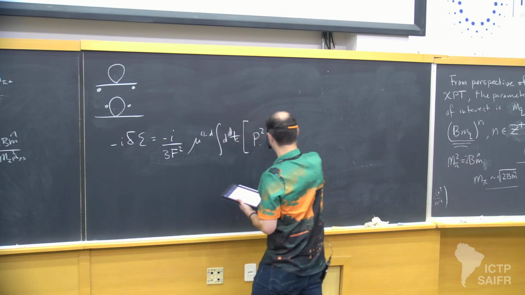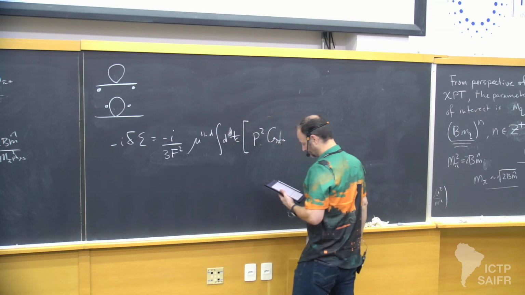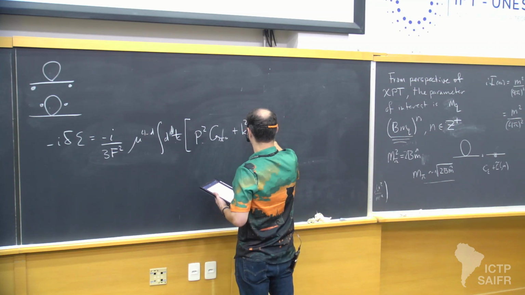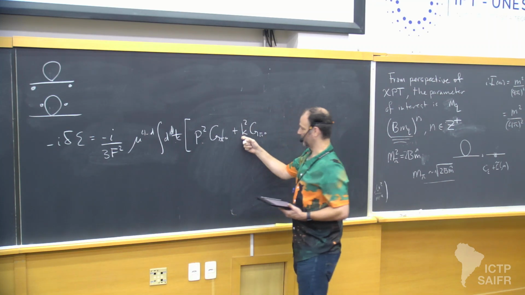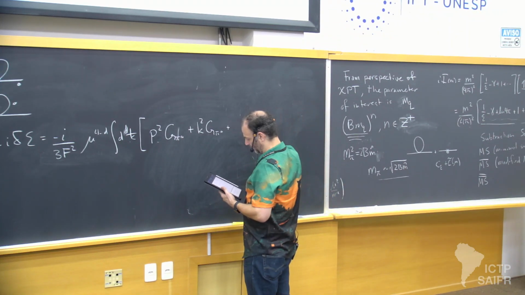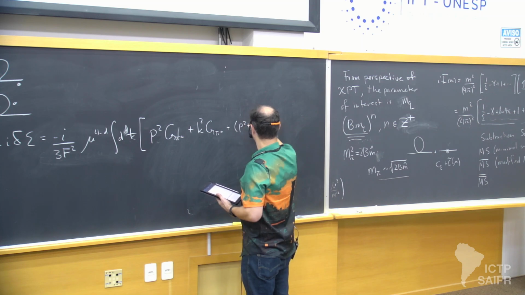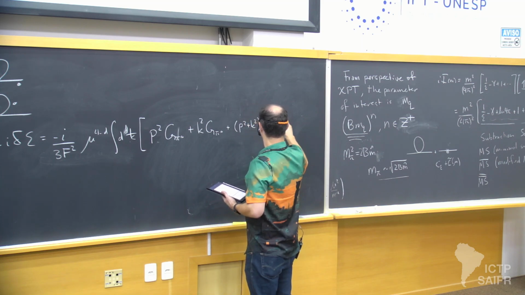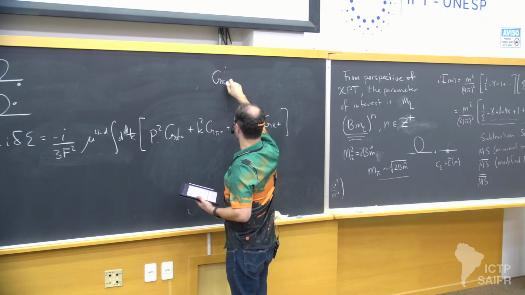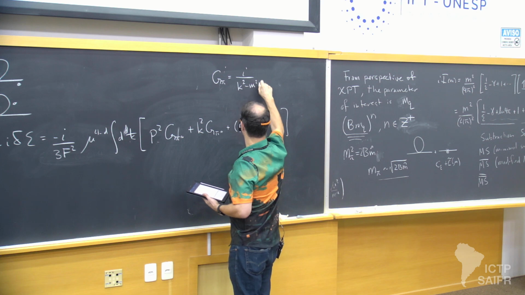I get a p squared, and I have a propagator of the pi 0. If it's the derivatives of the pion inside the loop, I get again a pi 0 propagator, but now with an internal loop momentum. And then with the middle operator, the momentum can go inside or outside. And these propagators, again, the pions are the same, so these are just i over k squared minus m squared.